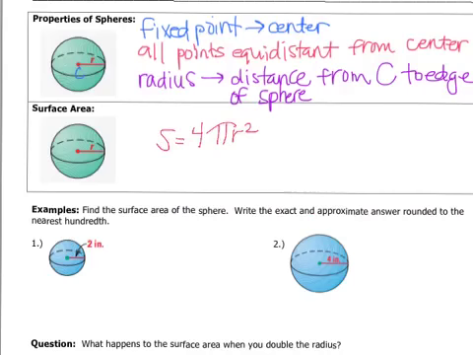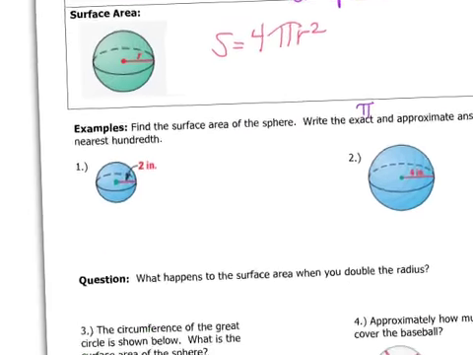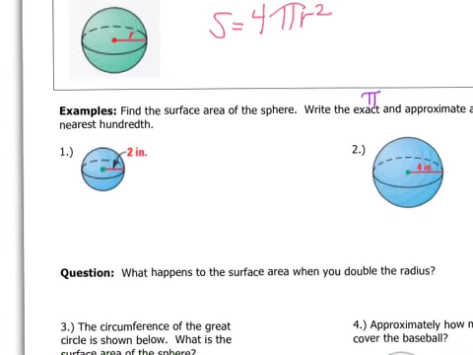All right, so when we are going to actually find the surface area of a sphere, like the directions say, we're going to write the exact and the approximate answer. Remember, if it says exact answer, that's in terms of pi. So start with your formula. Surface area equals 4 pi r squared.